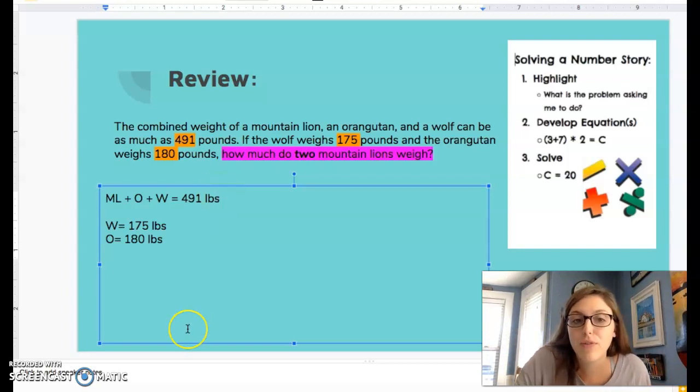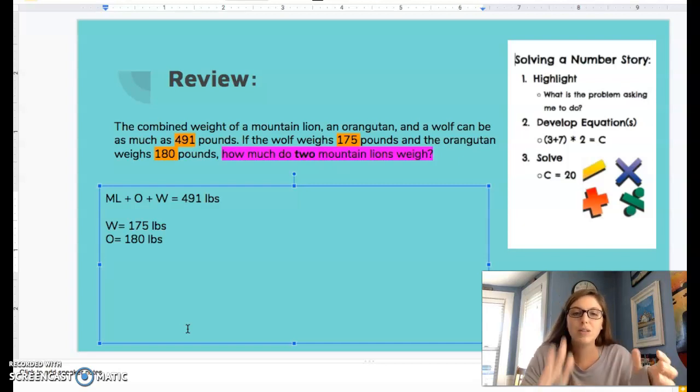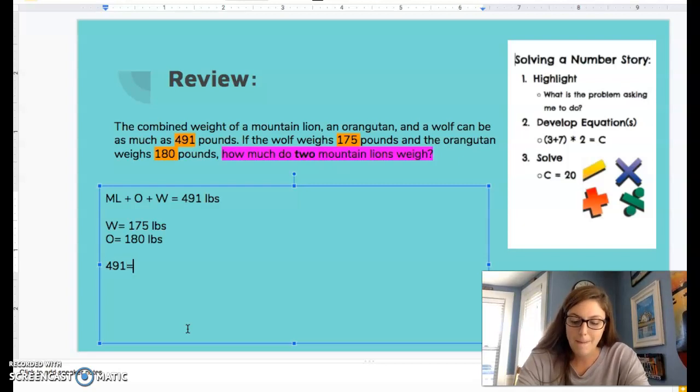So what I'm going to do first, I'm going to find out, well, if I subtract away the wolf's weight and the orangutan's weight, what am I left with? So let me do that first. I'm going to subtract 491 minus 175. When I do that, I'm left with 316.